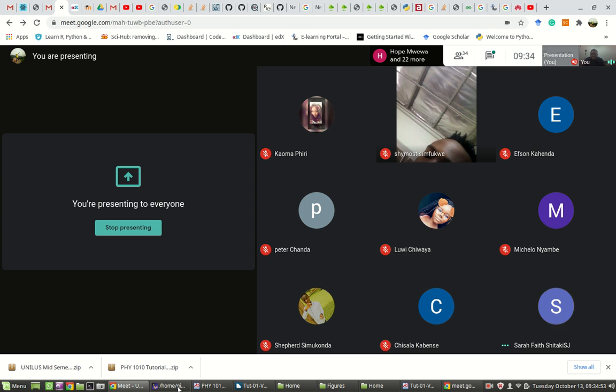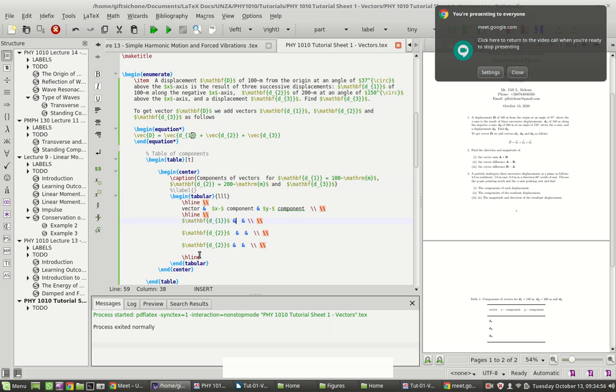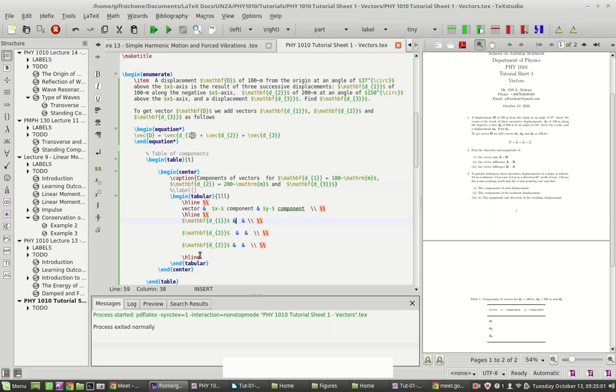So what you do, if you want to find the x component of a vector, you get the size of the vector, which is the magnitude, times the cosine of the angle the vector makes with the positive x-axis, measured anticlockwise. The angle should be measured anticlockwise. For the y component, you get the size of the vector times the sine of the angle the vector makes with the positive x-axis, measured anticlockwise.